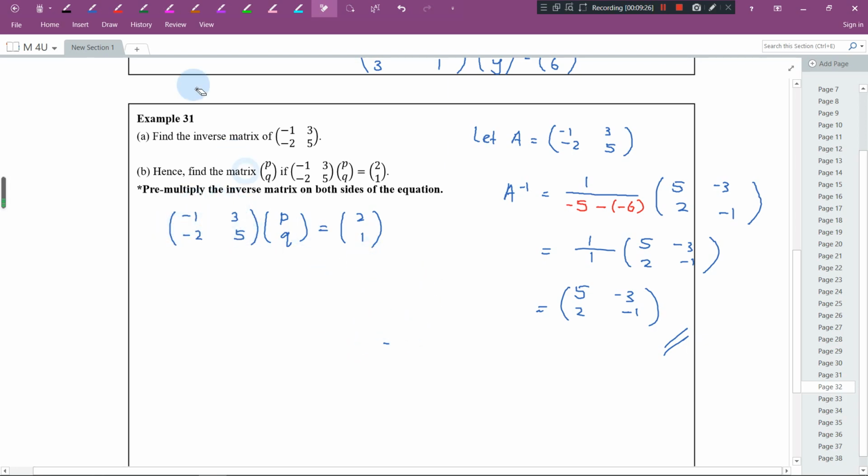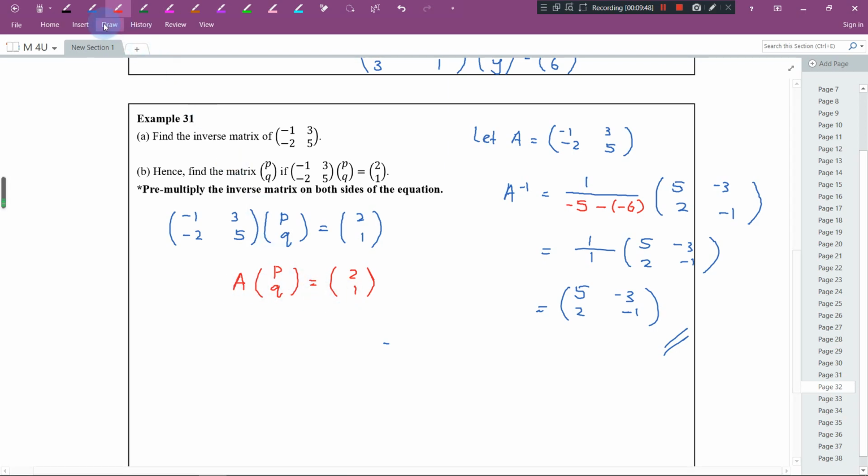Do you notice that this is exactly the same as matrix A, right? So I will just change this to A. Then A times PQ is equal to 2, 1. If I want to get the matrix PQ, that means I don't want the A. I want to get rid of this A. So how do we do so?